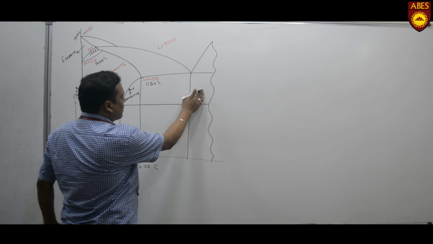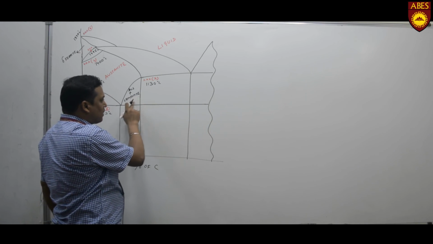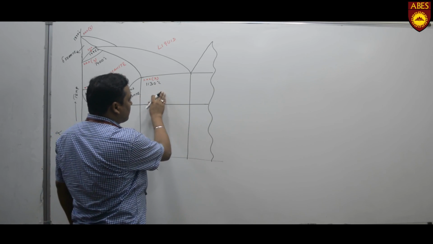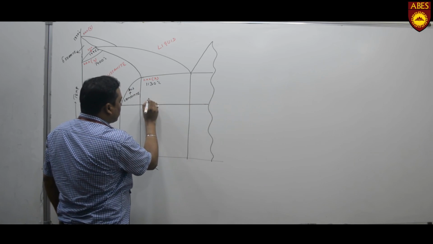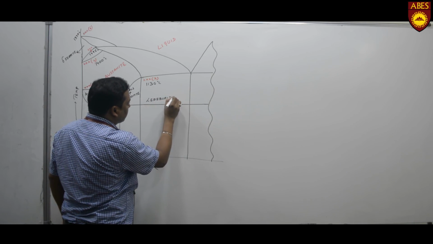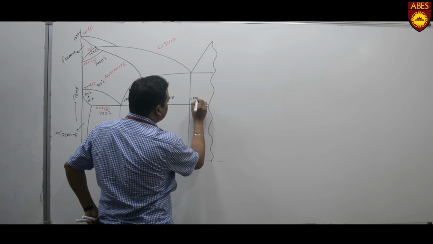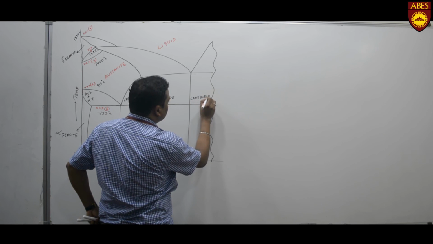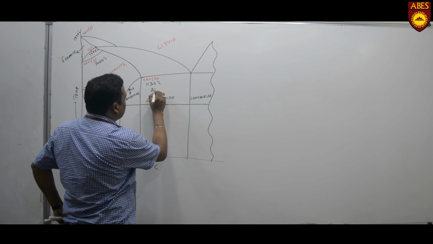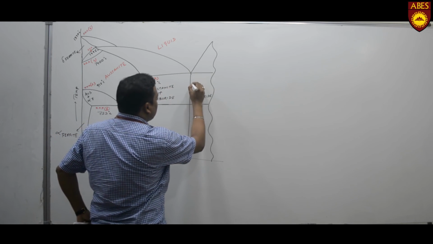These sections are basically a single structure, because cementite starts transforming, and the transformation is to ledeburite. So we can say this section is ledeburite, and this section is ledeburite. Austenite reacts with it, and cementite reacts with it.